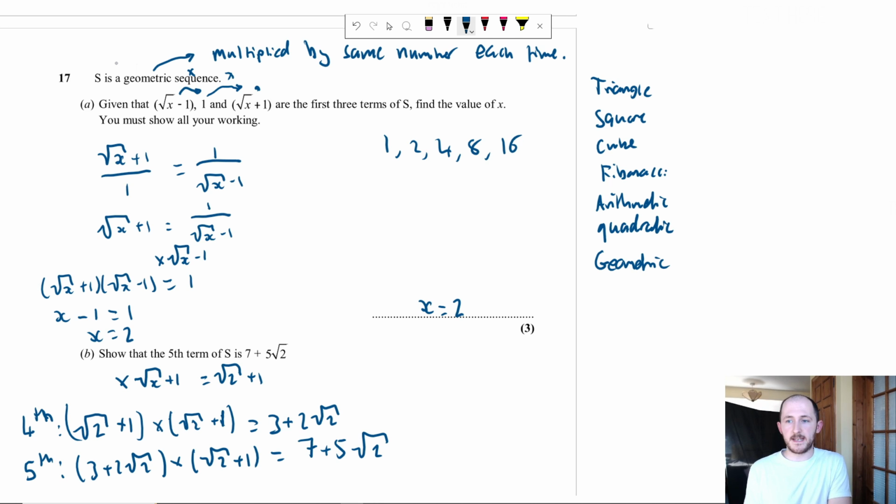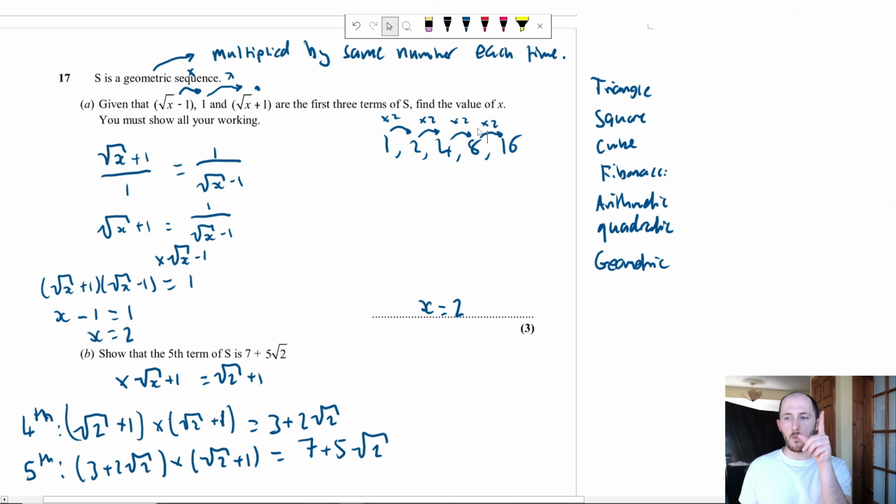Because if you divide each of these numbers, can you see I'm just timesing by 2 each time? But how would you actually work that out? Well, you'd work it out by just dividing the numbers, right? That's quite an easy example.